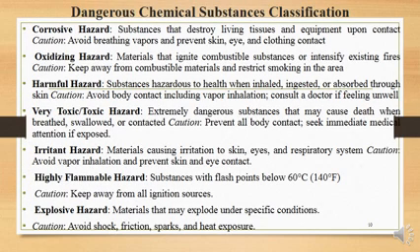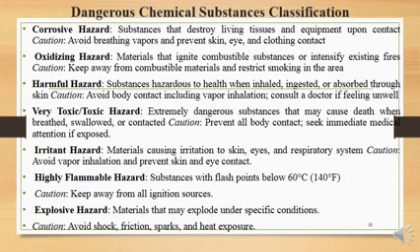Dangerous chemical substance classification. We have the corrosive hazard: substances that destroy living tissue and equipment upon contact. Caution: avoid breathing vapours and prevent skin, eye and clothing contact. Then we have the oxidizing hazard: materials that ignite combustible substances or intensify existing fires.